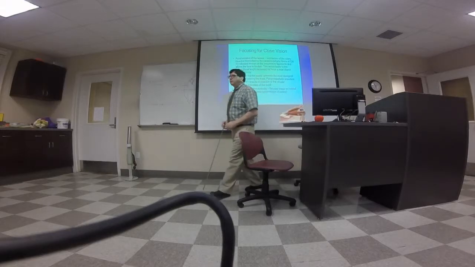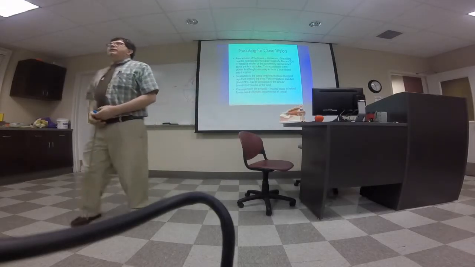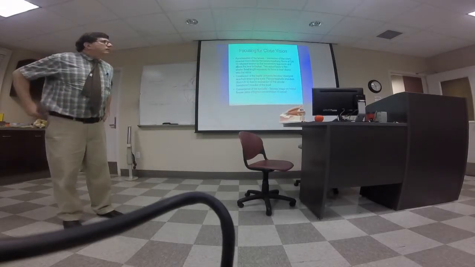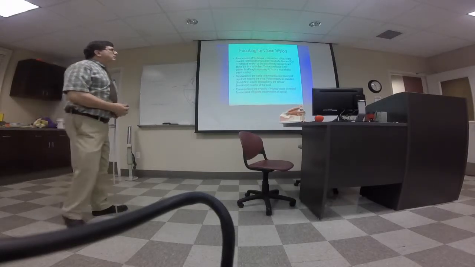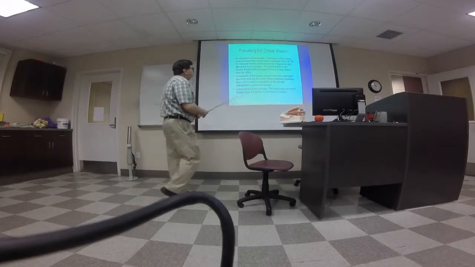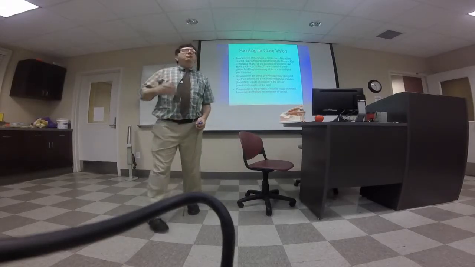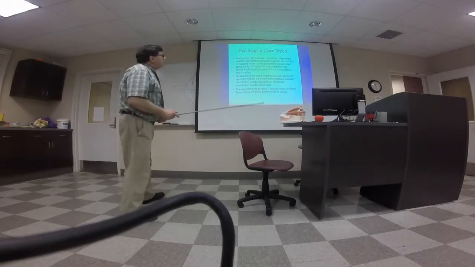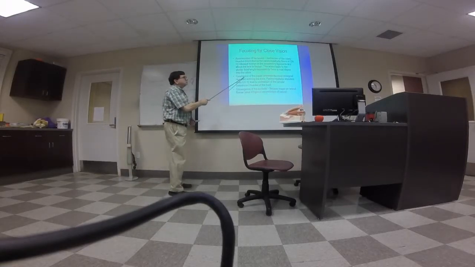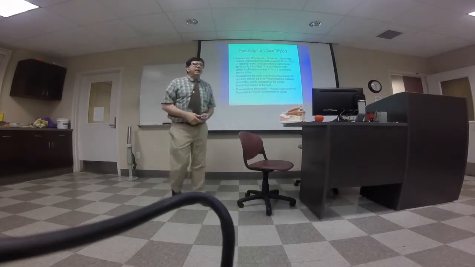Okay, for close vision, we talked about this. The eye has to accommodate. You have to contract the ciliary muscles to thicken the lens, so that you can shorten the focal length. You can bring it in line with the retina. When you look at things up close, you need to constrict the pupils. Okay, so it prevents the more divergent rays from entering into the eyes.